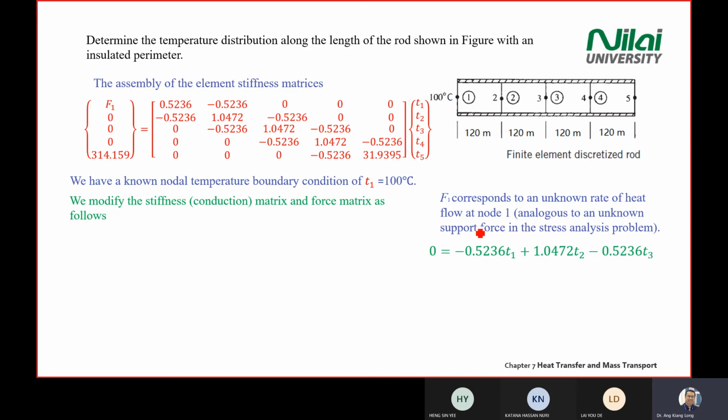So if you look at node 1, how do you find node 1? Node 1 is 0, right? 0 equal to negative T1.